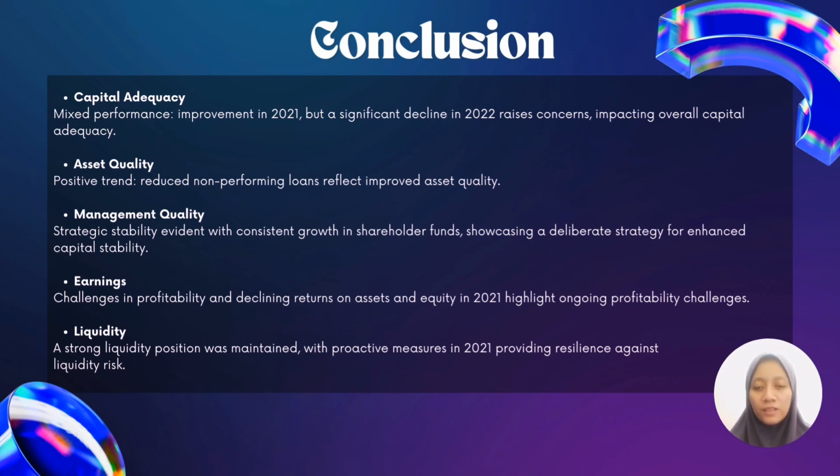The declining returns on assets and equity in 2021 indicate ongoing challenges in profitability. Despite these hurdles, the bank maintained a strong liquidity position, employing proactive measures in 2021 to ensure resilience against liquidity risks. In conclusion, strategic adjustments are imperative for sustained financial health, emphasizing the need for continuous vigilance and adaptability in the evolving financial landscape.